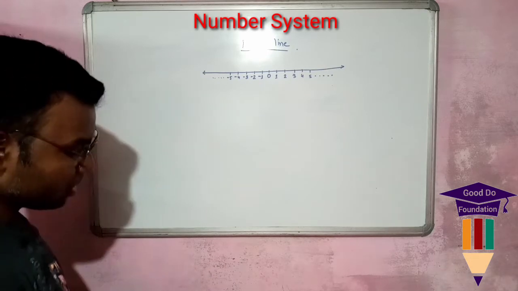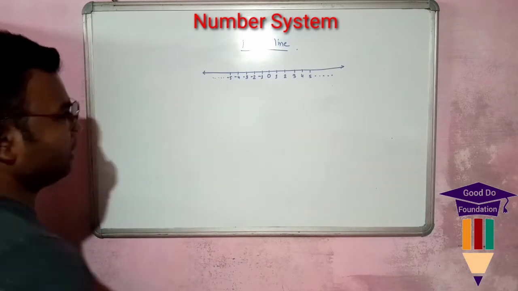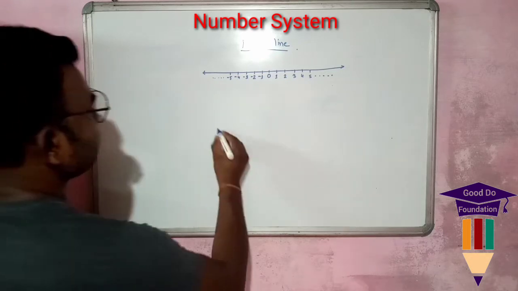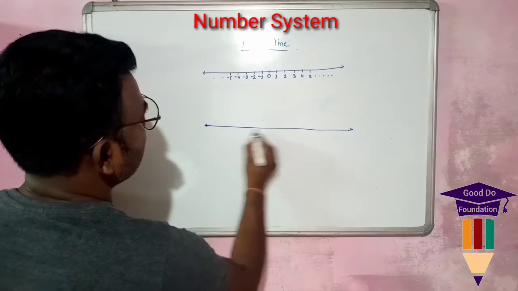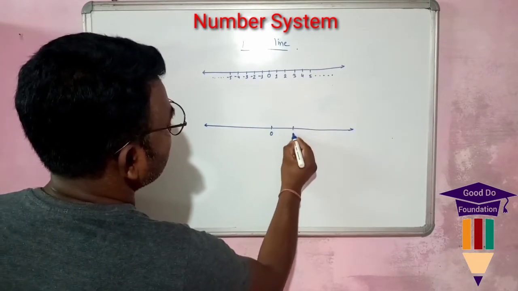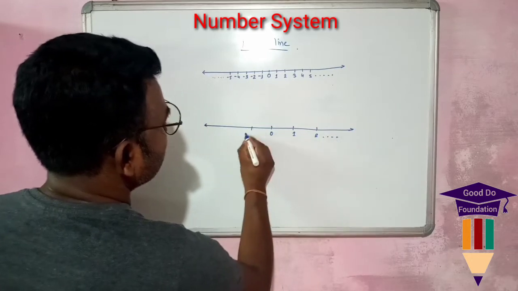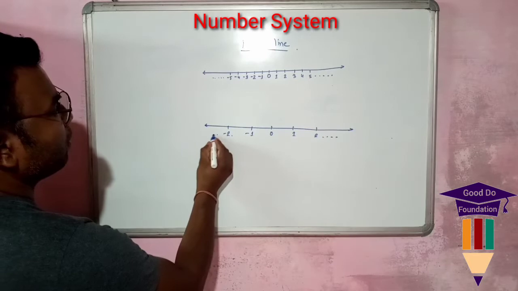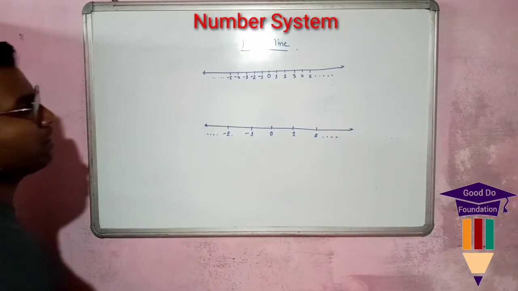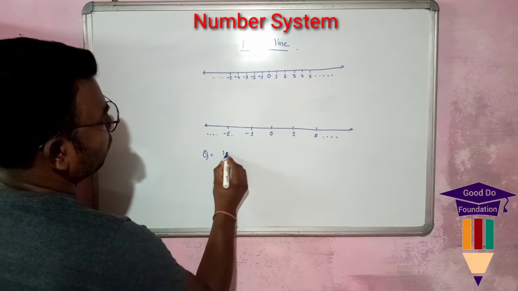Now, how to represent a rational number on a number line? Suppose this is a number line. Suppose I want to represent a rational number 1 by 2.